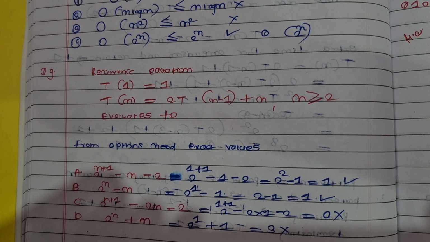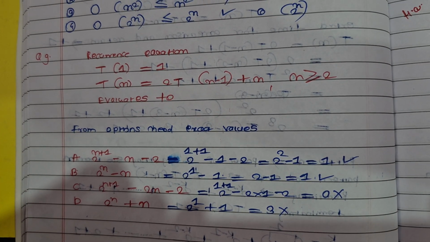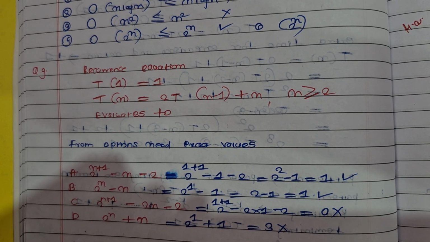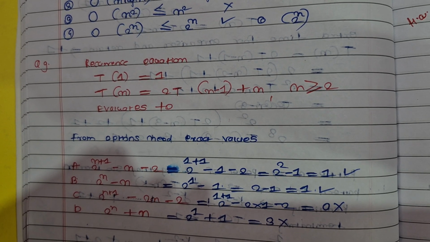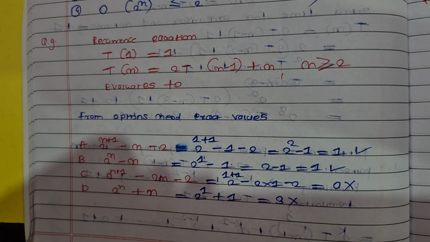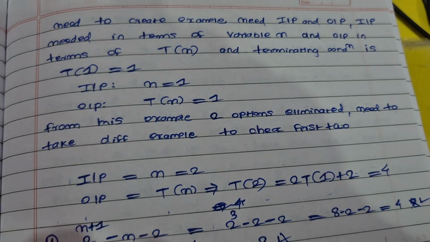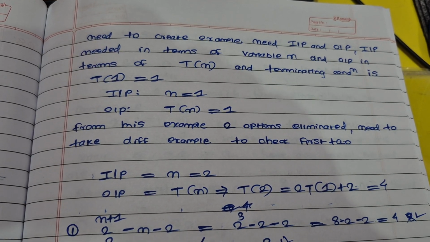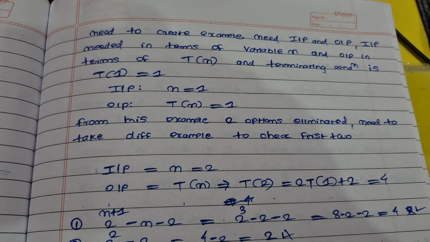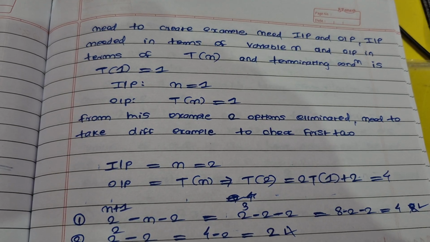Then again a recurrence equation is given. From the options we need exact values, not asymptotic ones. They have checked n equal to 1 first, so we need to create an example with input in terms of variable n and output in terms of T(n), and the terminating condition is T(1) = 1.